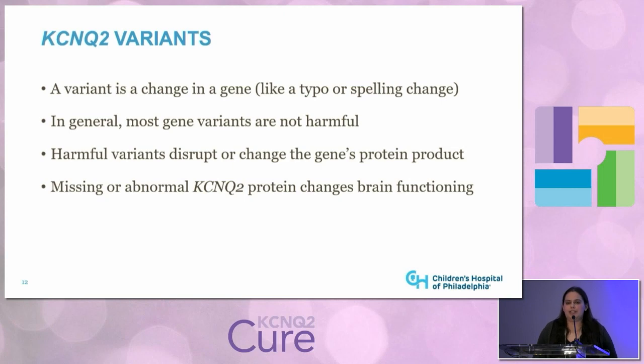We all have genetic changes in our bodies that make us different from one another, but don't necessarily have direct implications on our health. And so, of course, we know that there are harmful genetic variants, though. And these are variants where we expect them to disrupt or change the way that the protein product is made. So missing or abnormal KCNQ2 protein as a result of these KCNQ2 variants changes brain functioning.